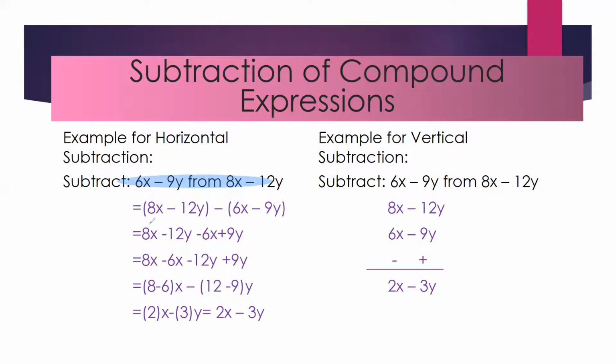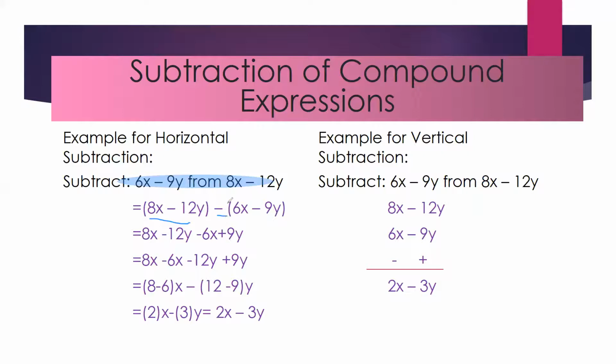So we write 8x minus 12y, then minus, which comes from the question: from 8x minus 12y subtract, that means minus sign, 6x minus 9y. Put it in the round bracket. If there is a compound expression, beta, always use brackets.